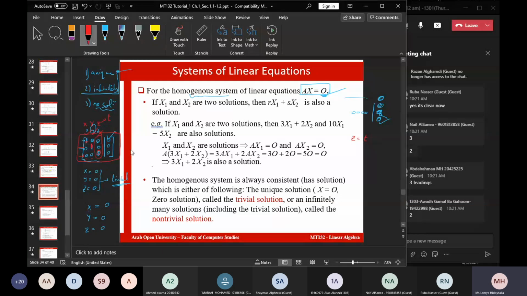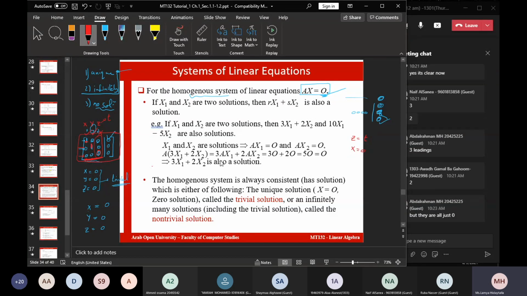It is 1 times x equals 0, so x equals 0, and from the second row y equals 0, but z equals t for this example. So this is our solution, such that t is any real number.